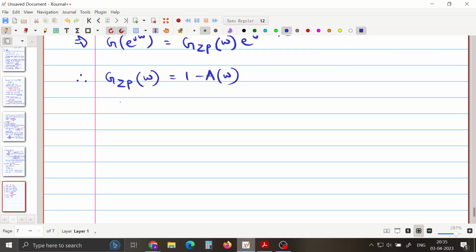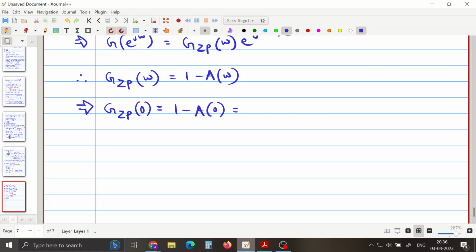This is z, it looks like a 2, so that's why I just increased its thickness. Anyway, putting omega equals 0, we have gzp of 0 equals 1 minus a of 0.